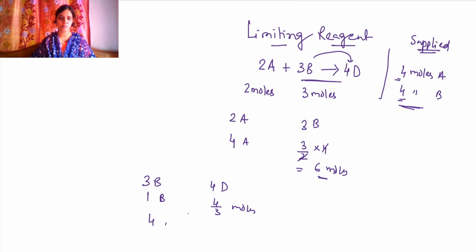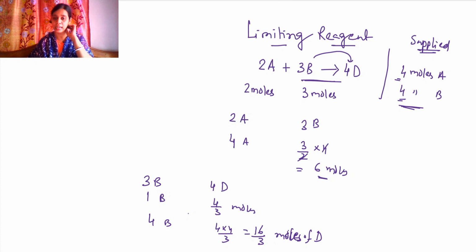So from 4 moles of B we will get 16 by 3 moles of D. Okay, so by this way we can calculate the limiting reagent and also the product, how much product is formed. Okay, thank you.